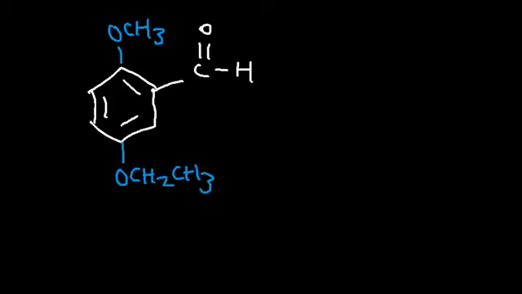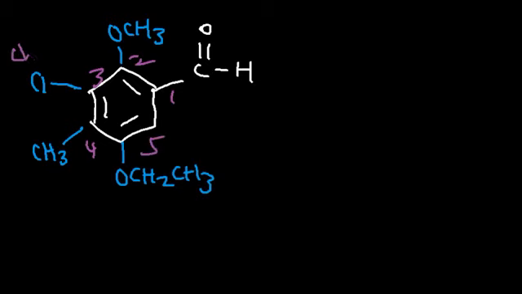And what else did we not use yet? We used amino, hydroxy, and nitro. I think we covered everything except the OCH3 groups. All right, so let's number it. This is going to be carbon 1, 2, 3, 4, 5.